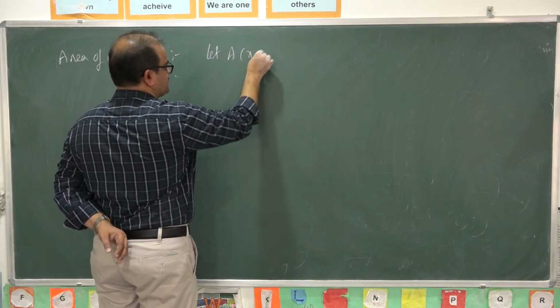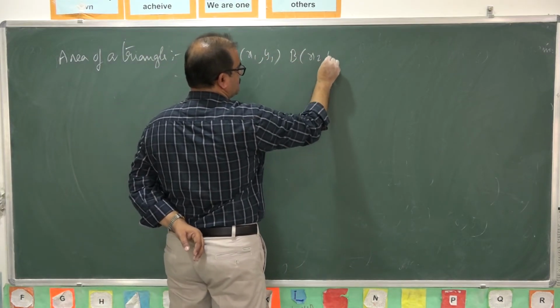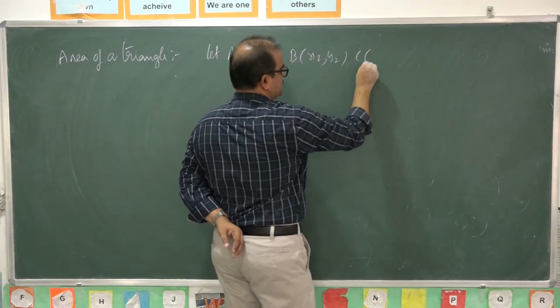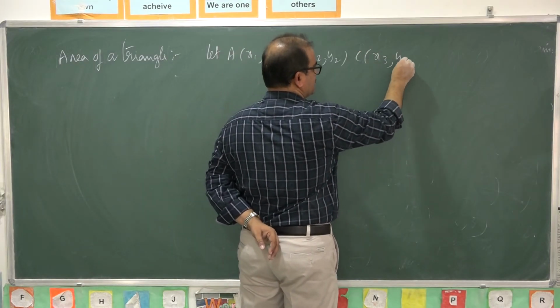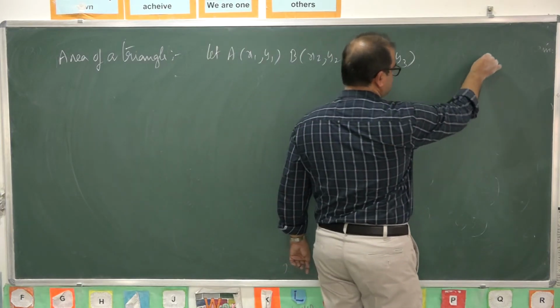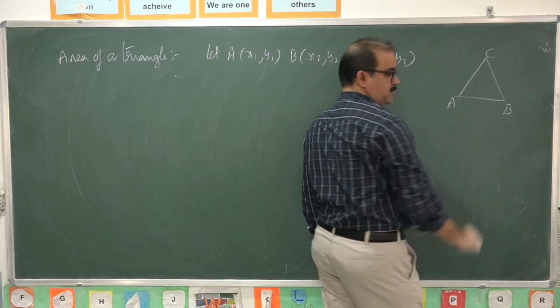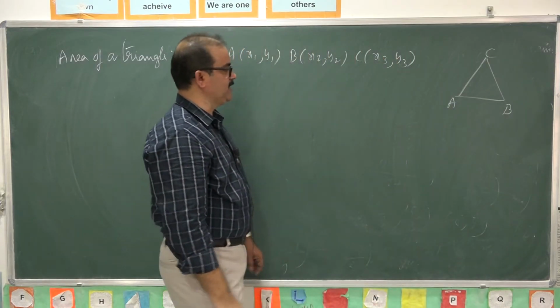Let A (x1, y1), B (x2, y2), C (x3, y3) be the vertices of a triangle ABC.